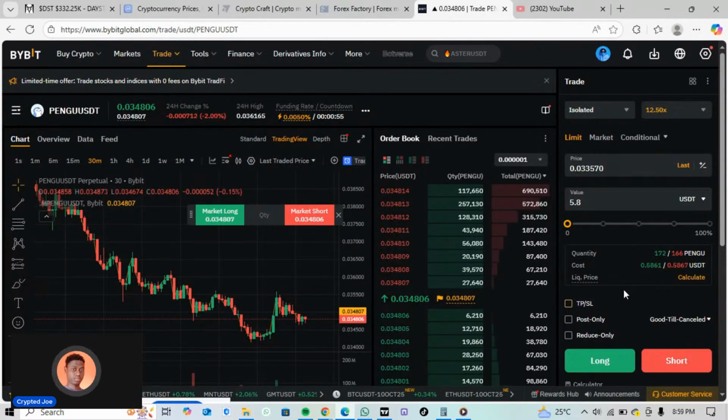majorly cross margin is for those that are doing DCA. You understand, DCA, so that they can get new entries. They will just add to their margin and then they will get a new entry to keep on holding that position.